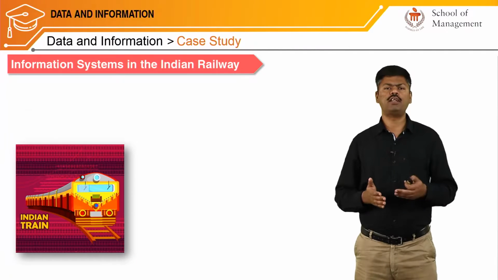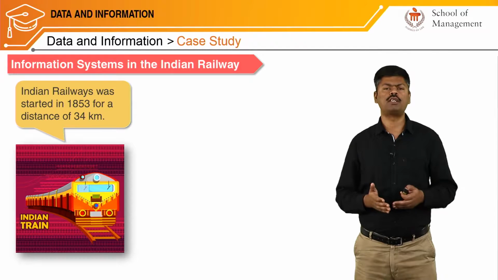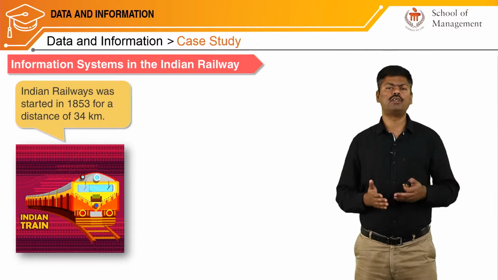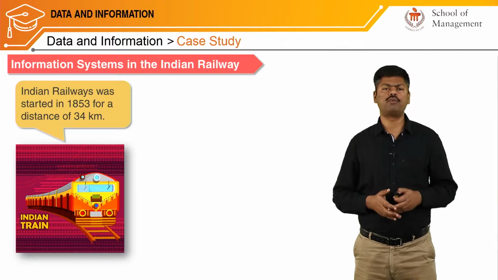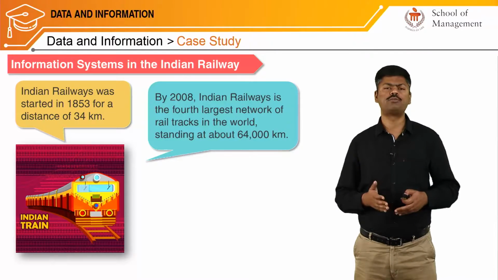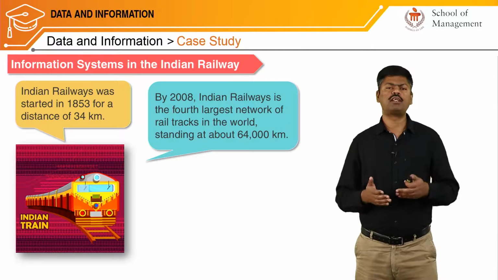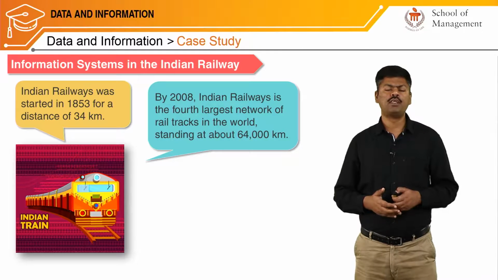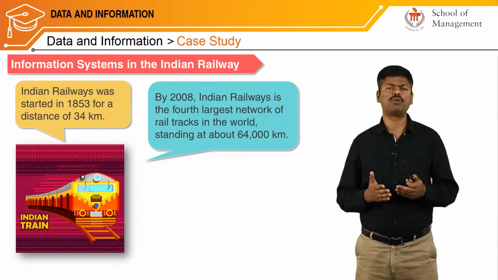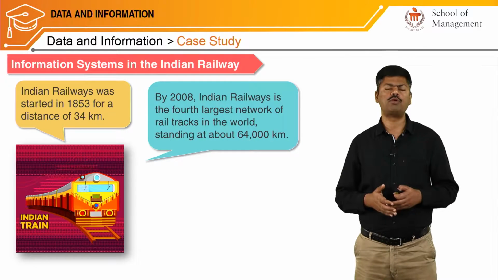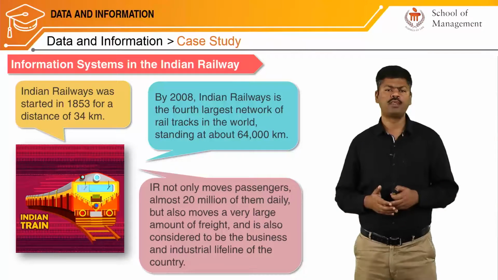As we have seen, Indian Railways is one of the biggest organizations, which started its journey in 1853 in which it traveled about 34 kilometers. Since then, it has proven itself one of the largest organizations in India. By 2008, Indian Railways is the fourth largest network of rail tracks in the world, standing at about 64,000 kilometers.